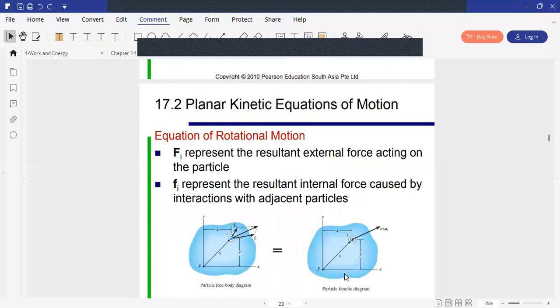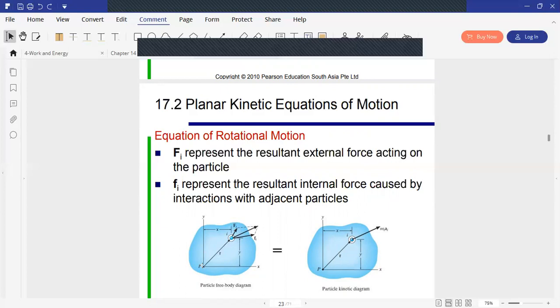Now, what is new in this chapter is the equations of rotational motion. We will derive them together. To have the equation of rotational motion, we should assess the sum of moments about a point. So I will take the sum of moments of forces about any point P of the rigid body.